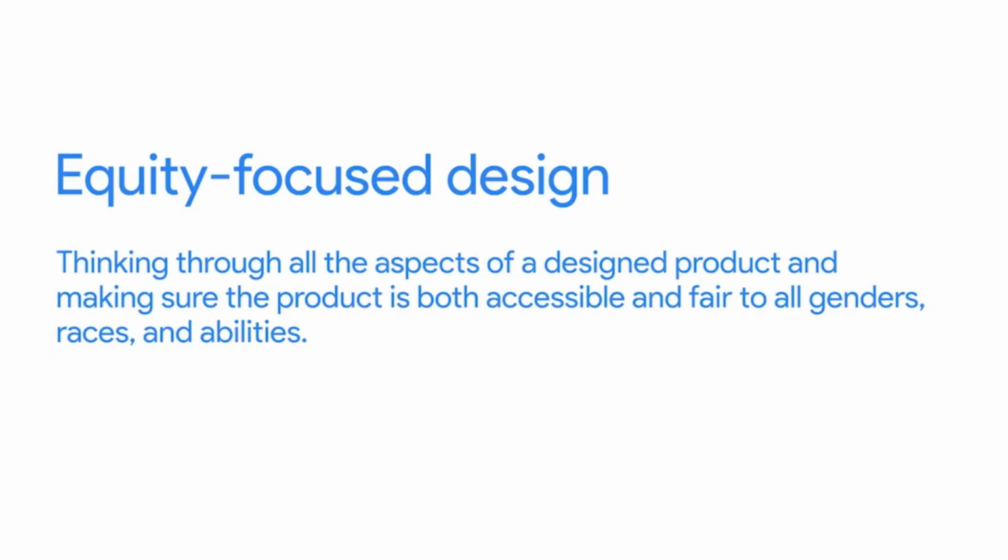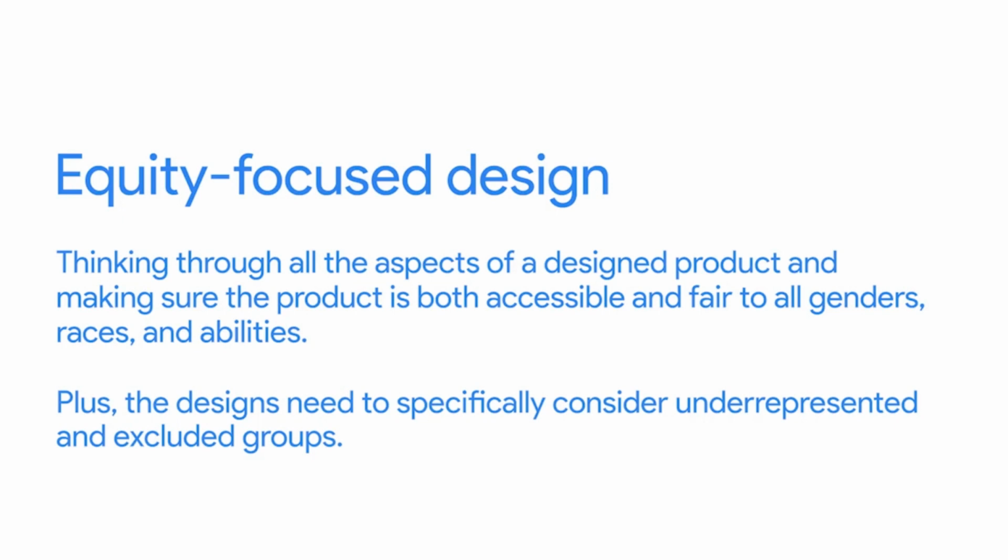Let's explore how this applies to the field of UX. Equity-focused design means thinking through all the aspects of a design product and making sure the product is both accessible and fair to all genders, races, and abilities. Plus, the designs need to specifically consider underrepresented and excluded groups.